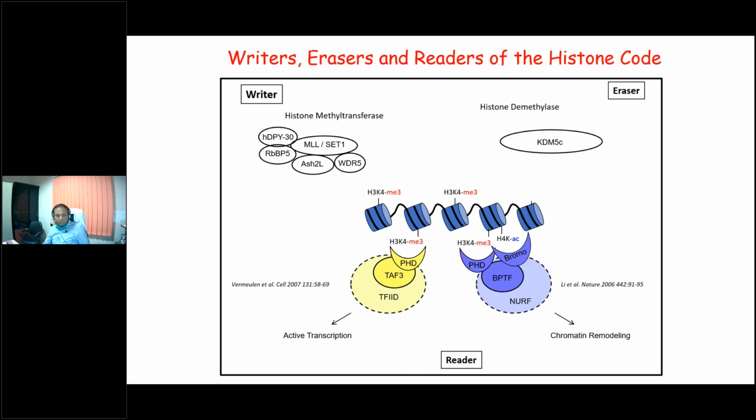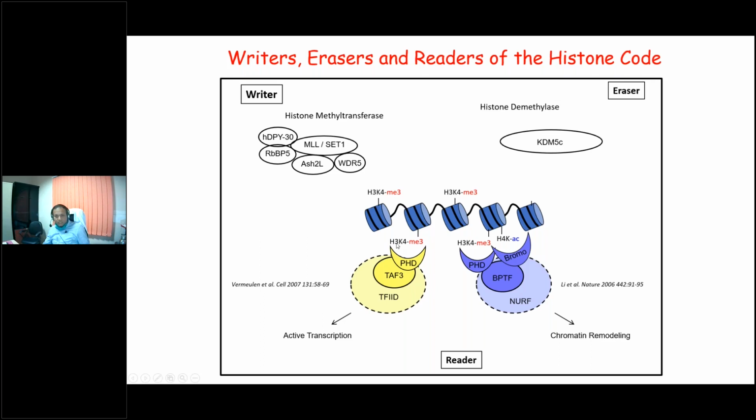Now, if a histone has the H3K4 trimethylation mark, how is it going to promote transcription? Why do we call it an activation mark? The answer is that this H3K4 trimethyl mark can be directly read by a protein called TAF3.